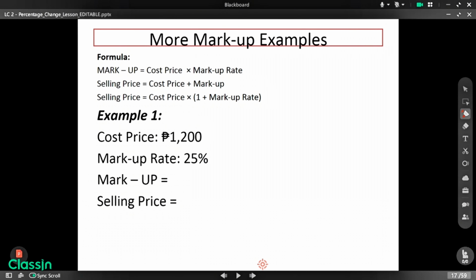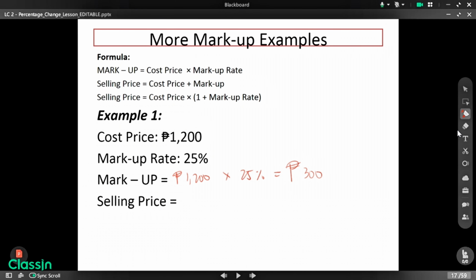Let's try this again. For the markup, we need to multiply the cost price times the markup rate. And what is the answer? The answer is equal to 300 pesos.